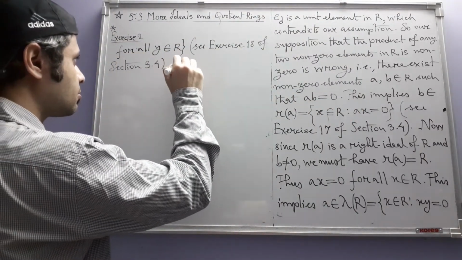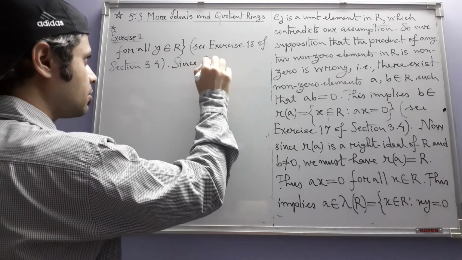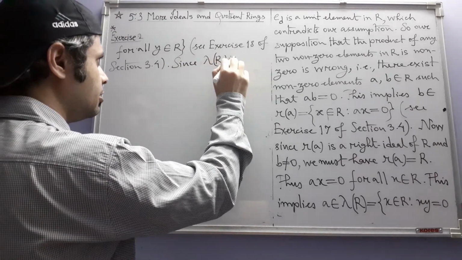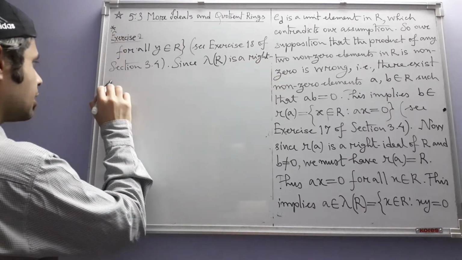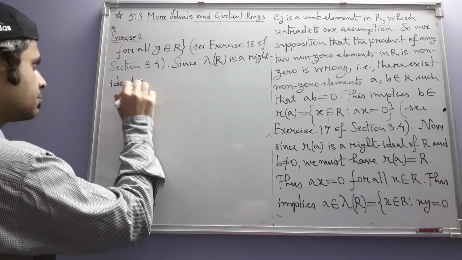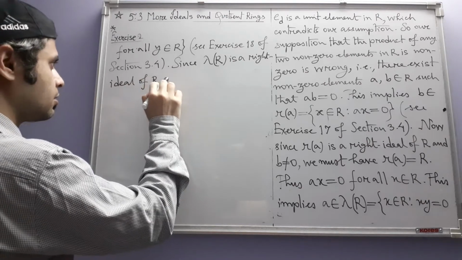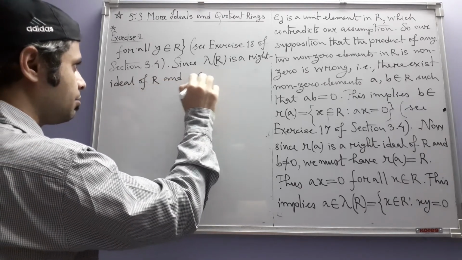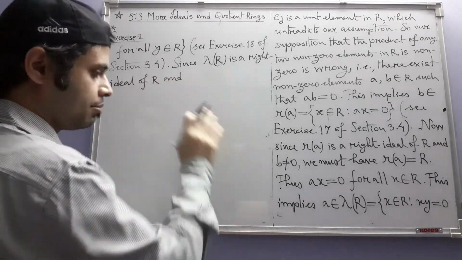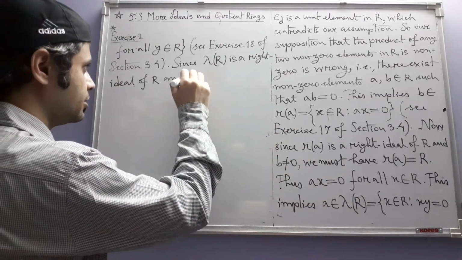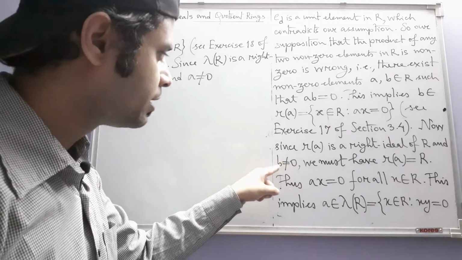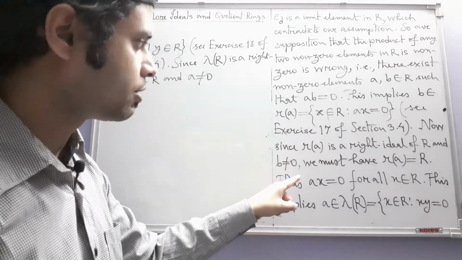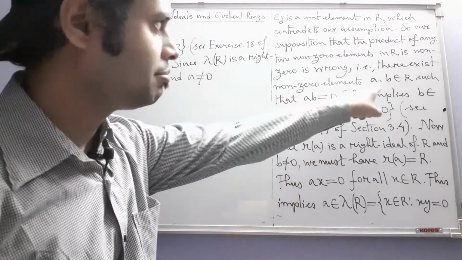Since lambda R is a right ideal of R and A belongs to lambda R, that we have written here itself, and A is non-zero. You see, now here we used the fact that B is non-zero, but both A and B are non-zero.